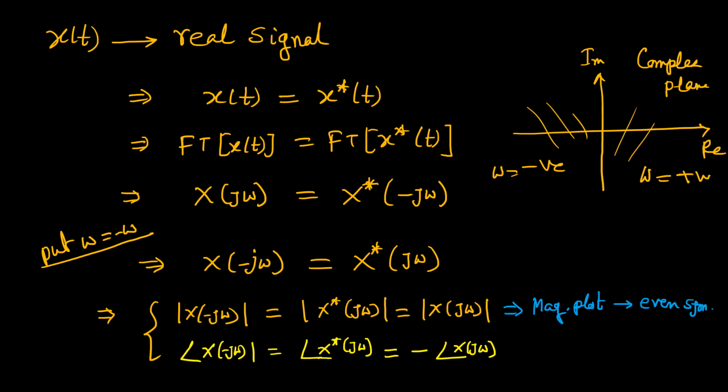So this implies that the phase plot has odd symmetry, because the negative side is the negative of the positive side. So the magnitude plot for a real signal shows even symmetry, even function, and the phase plot for a real signal is odd symmetry, odd function. Okay, this is the first.